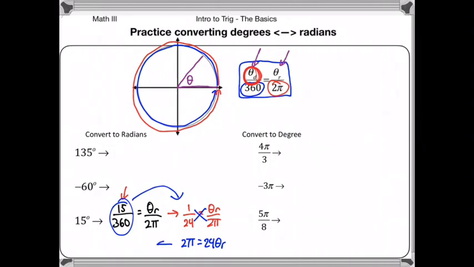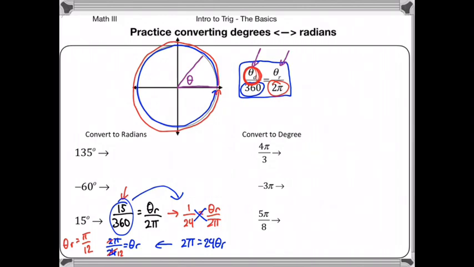Divide each side by 24, and that's going to give me 2 pi over 24 equals theta r. And then this is going to cancel. 2 goes in the 2 once, 2 goes in the 24 12 times. So theta r is going to equal pi over 12. Okay, so that is going from degrees to radians. So let's take a look at going from radians to degrees.